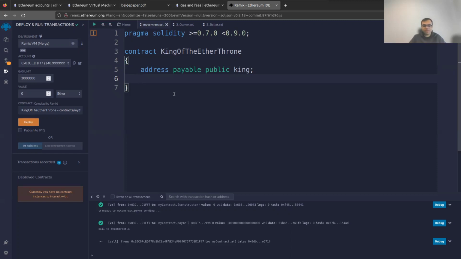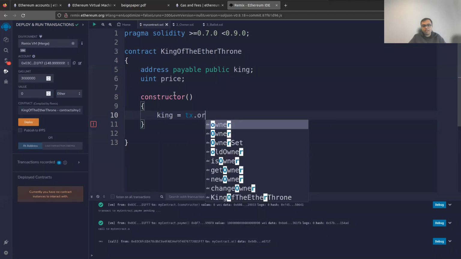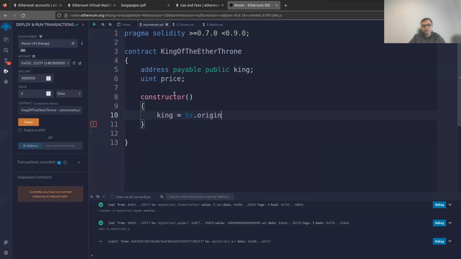So we have a king, and we also have a price. This is the amount of money that you have to pay to become king. I have a constructor. I say that originally king is msg.sender, or I can say king is tx.origin in this case. So whoever is deploying is going to become king.